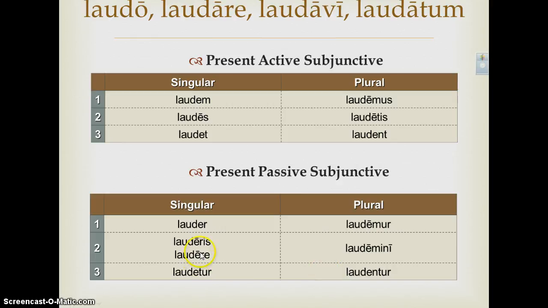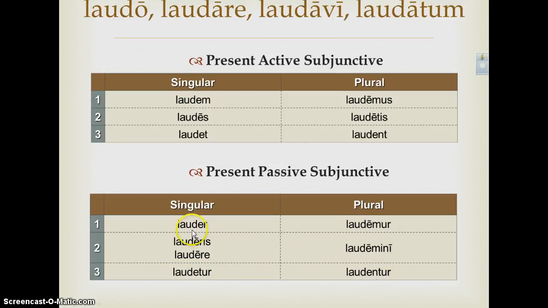I should point out that there is an alternative second person singular ending, which is not RIS but RE. I'll have them on these charts, just so you know. So for laudo, it's laudem, laudes, laudet, laudemus, laudetis, laudent. In the passive, lauder, lauderis or laudere, laudetur, laudemur, laudemini, laudentur. And again, how do we know that we're in the present subjunctive? Because we have an E in this first conjugation verb.